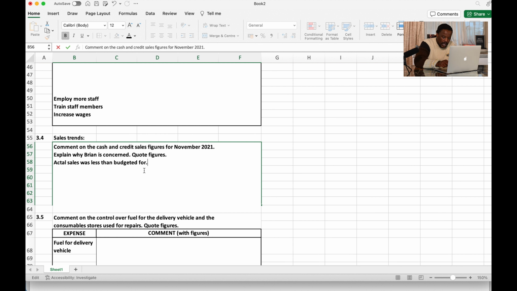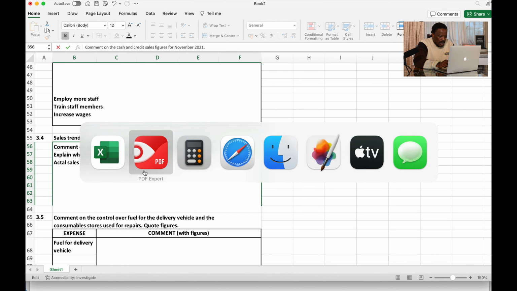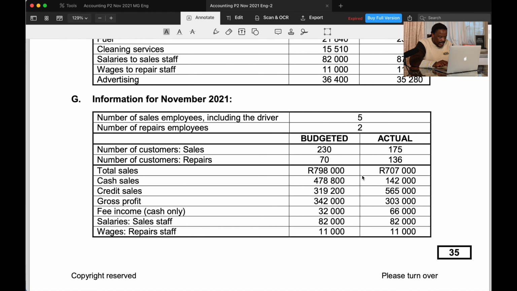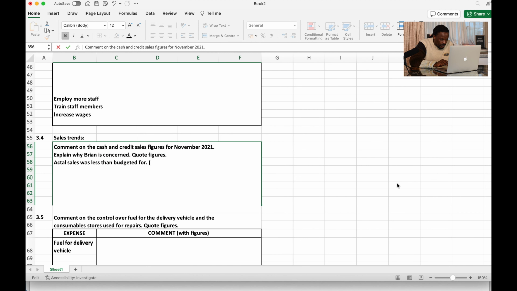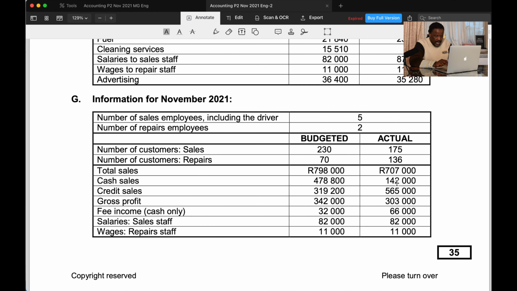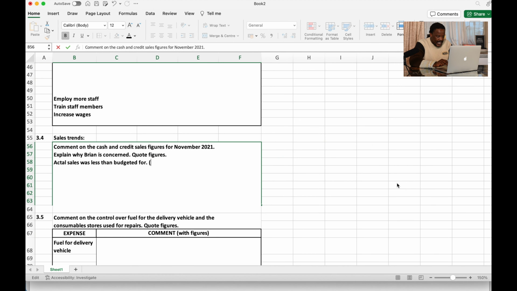You open the bracket and show them that actual cash sales was 142,000, or budgeted was 478,800, minus. The examiner will appreciate if you show him these calculations.